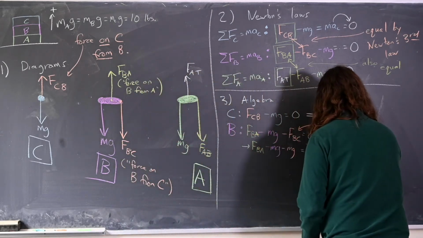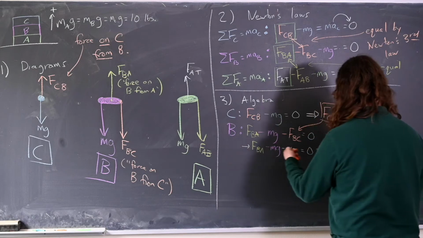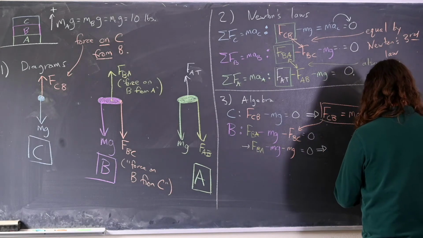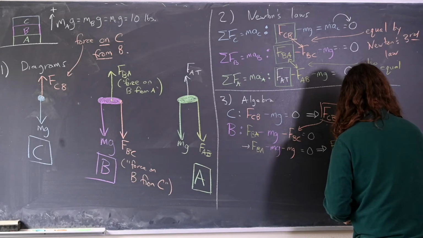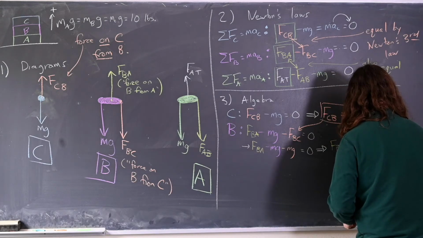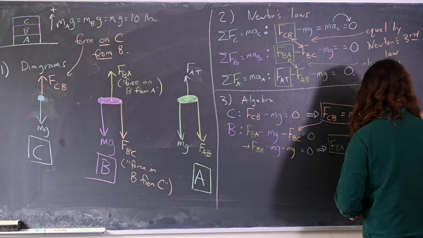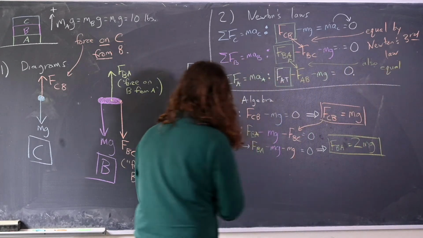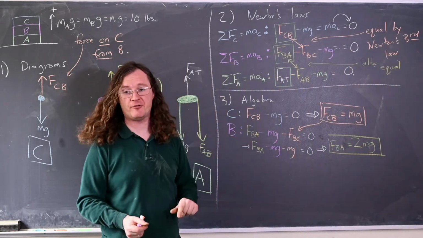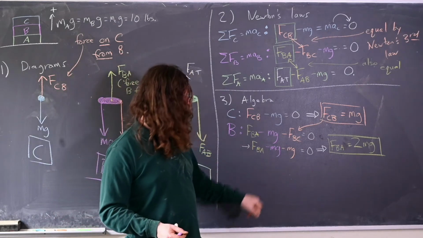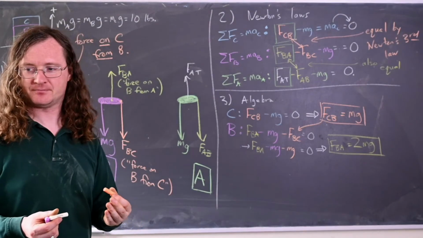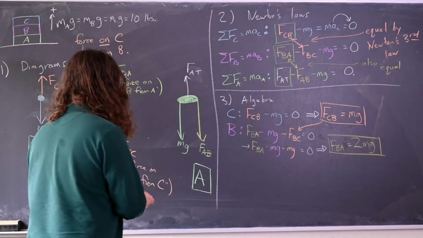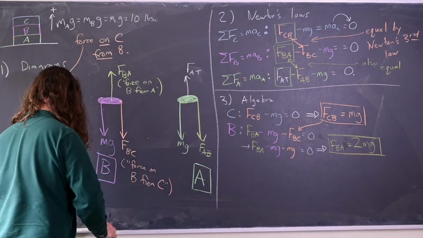So that tells me, again, solving for FBA, I get FBA equals 2 mg. Notice that if these two masses were different, then I wouldn't combine them. I would just add together purple and orange weights. And, well, you can see where this is going.